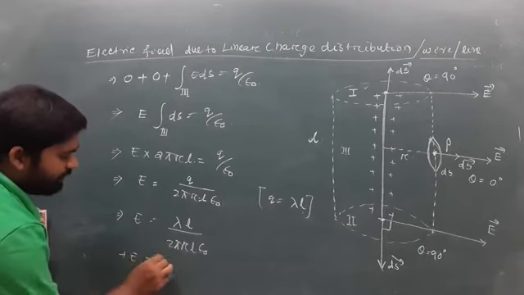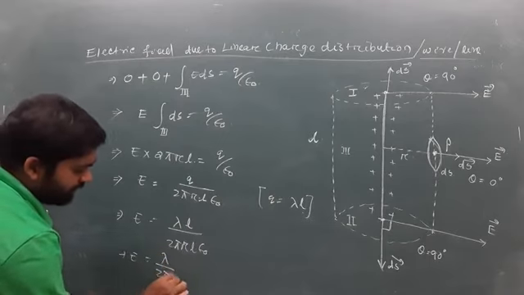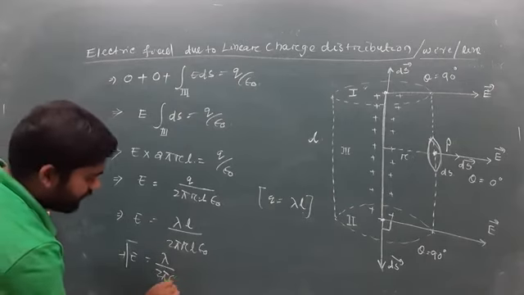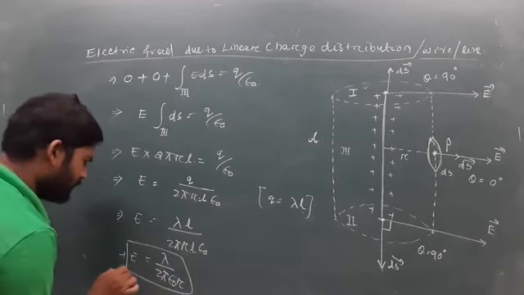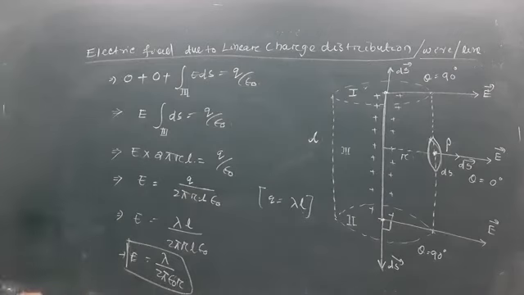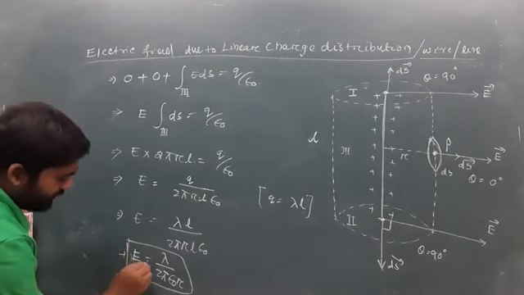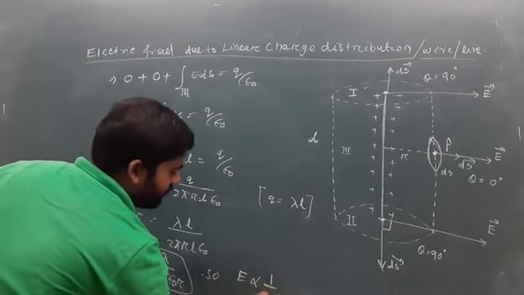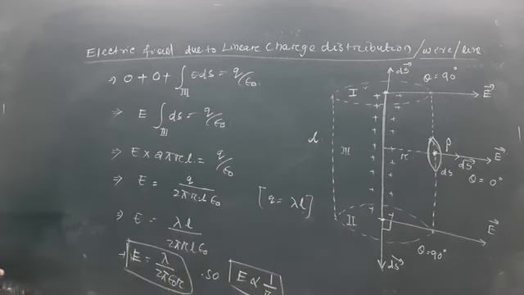So E will be lambda by 2 pi epsilon naught R. That is the expression for the electric field due to an infinite linear charge distribution, an infinitely thin wire. So E equals lambda by 2 pi epsilon naught R. Here we can say E is proportional to 1 by R. That means when we increase the observation distance, the electric field gradually decreases.